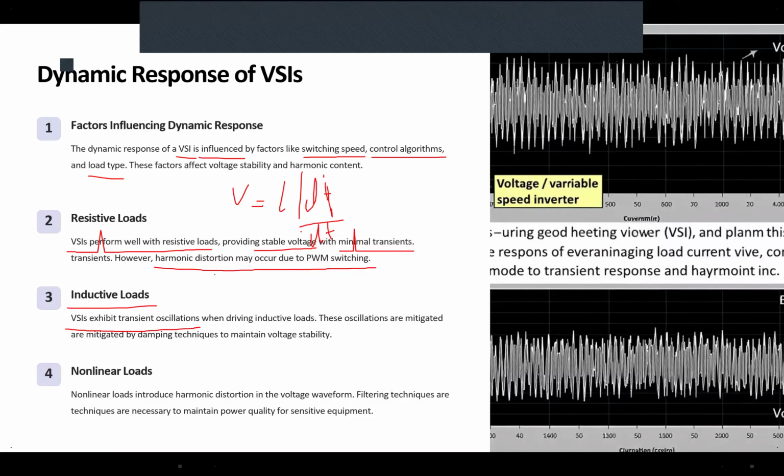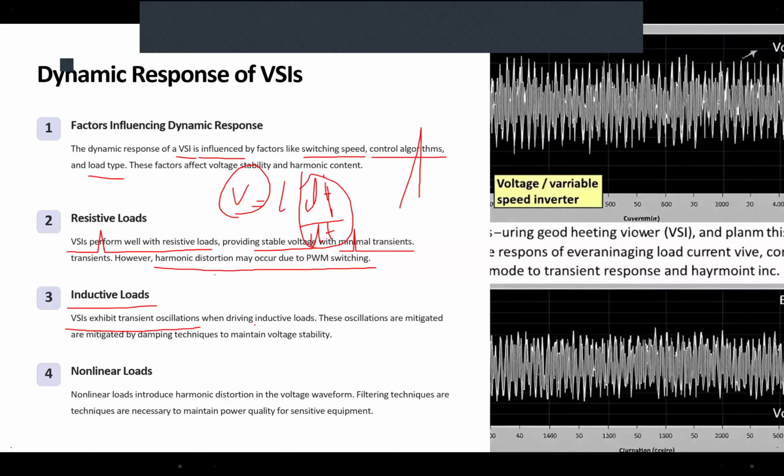A sudden change in a load would create a spike for the voltage because di/dt would be a high number, so the voltage would increase rapidly with a high value.